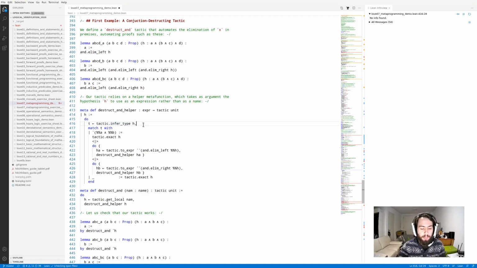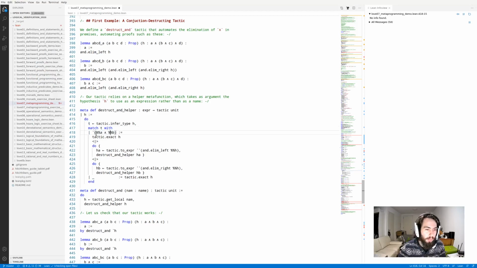If you have a hypothesis H of type N, then infer type with H will give you back the N. And in this case, we expect this type to be a conjunction, usually, because otherwise our tactic is kind of pointless. So we match on the type, and we say, well, if it is a conjunction, then we can extract the left conjunct and the right conjunct and call them A and B.